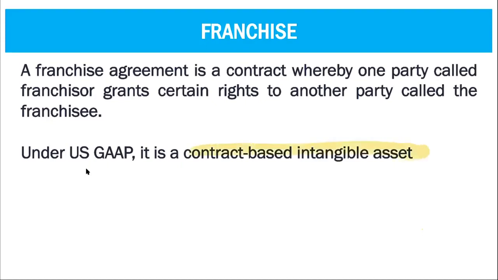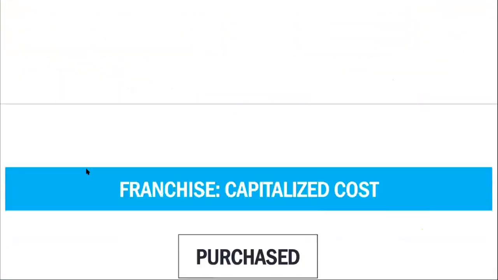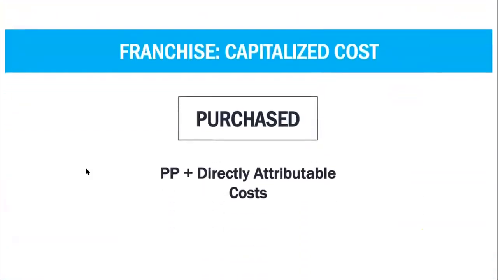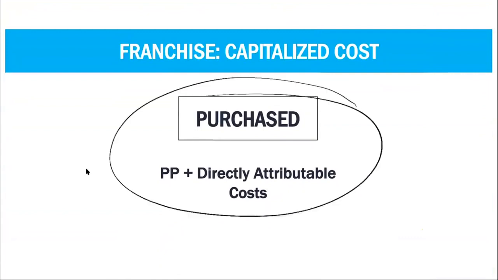So the question is, can you purchase or develop a franchise? Let's go to our initial measurement. On your initial measurement, we only have your purchase. Why? Because you are accounting here as the franchisee.